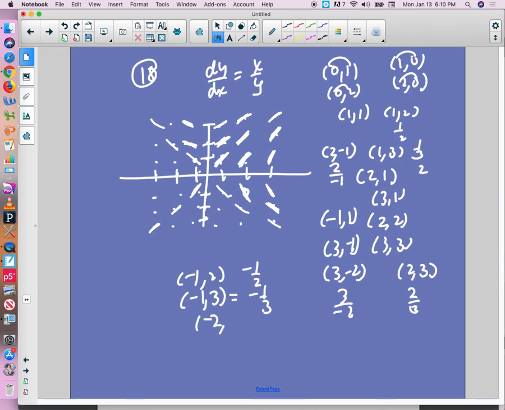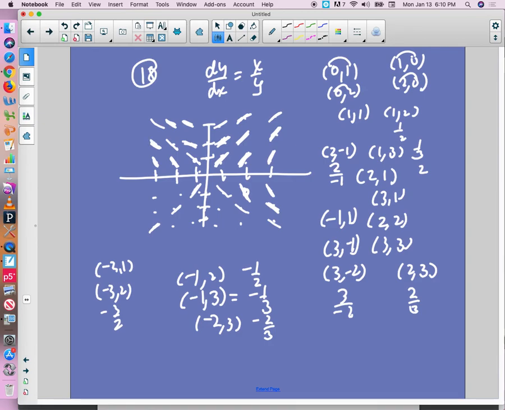At negative 2, 3, you get x over y, negative 2/3. It's almost negative 1. Negative 2, 1, you get negative 2, so pretty steep. Negative 3, even steeper. Negative 3, 2, you get negative 3/2, negative 1.5.